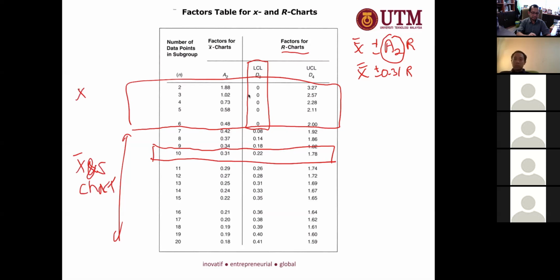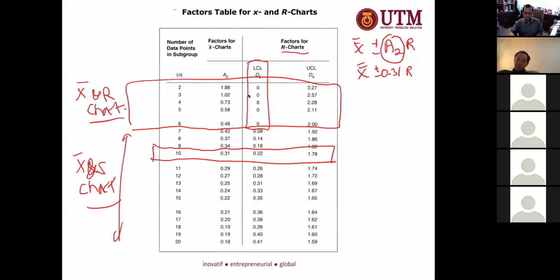This one is the X bar and R chart. But in practice, it doesn't matter. You can still use the R chart if you have 10 samples for each subgroup, no problem, because it just tells you the distribution only. But statisticians don't agree with that. It's okay. Let them be statisticians.